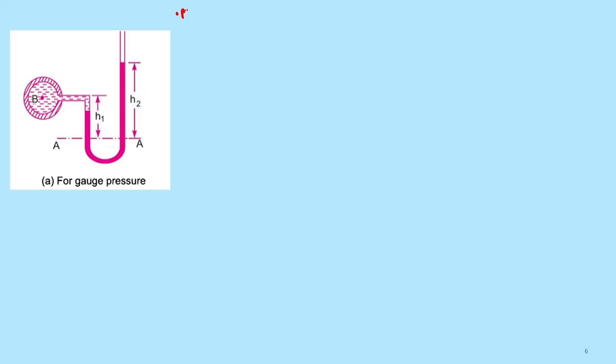So for pressure intensity in the left limb is equal to pressure due to this column, means this height, and pressure due to this point B. So we can write PB, or if in place of B it is A, you can write PA.